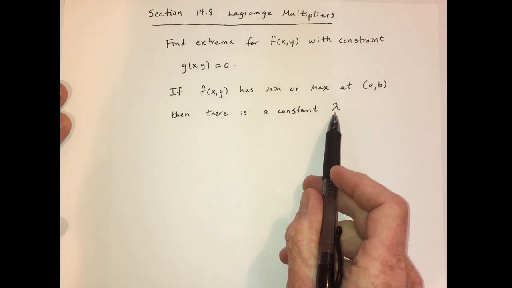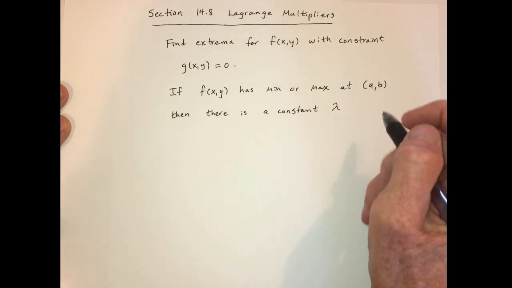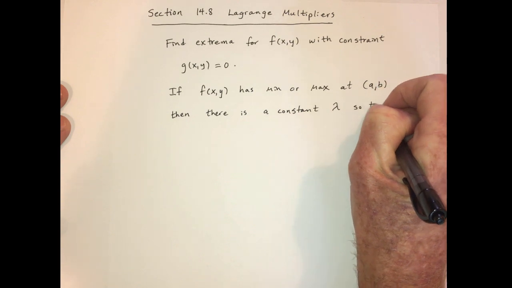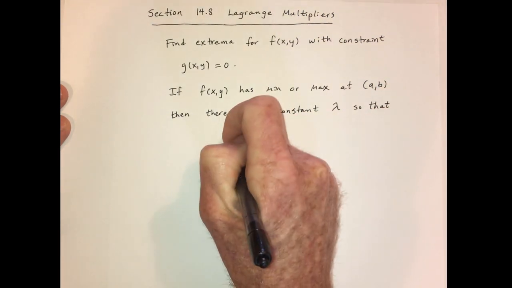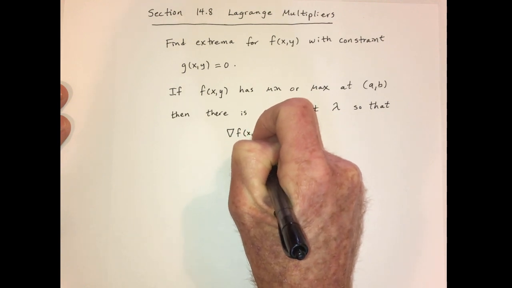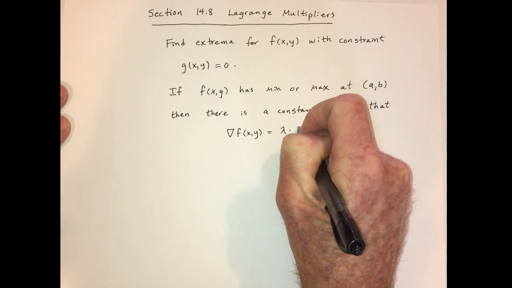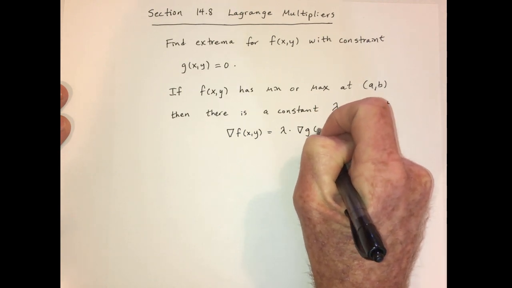This is going to be an actual number, square root of 3 or something like that. We'll find out in a moment. So there is a constant lambda so that the gradient of f is equal to a constant multiple of the gradient of g.